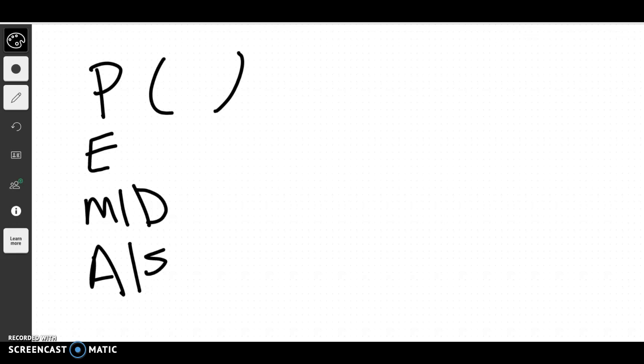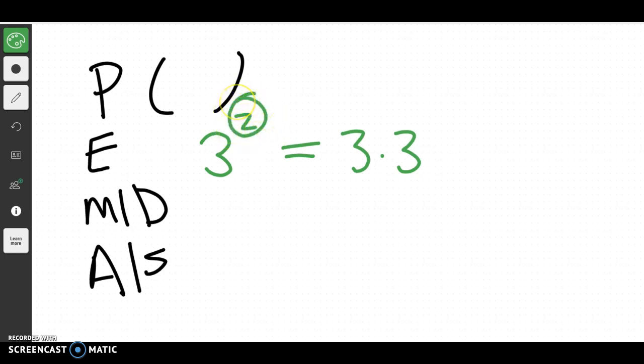And here's how I like to think about it. I like to think about what exponents are. Exponents are something like if you take 3 to the second. How you'd solve this is you do 3 times 3, and you get 9. Well, if you really look at what that's doing, it's telling you to multiply 3 a certain number of times.